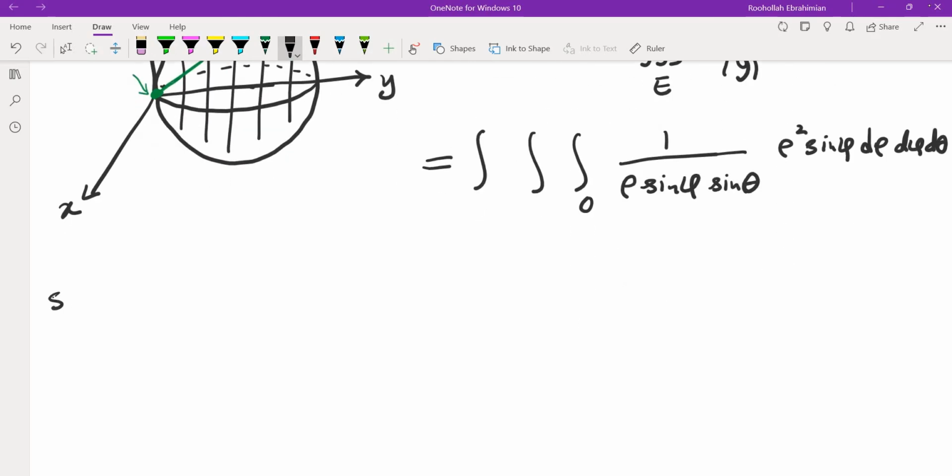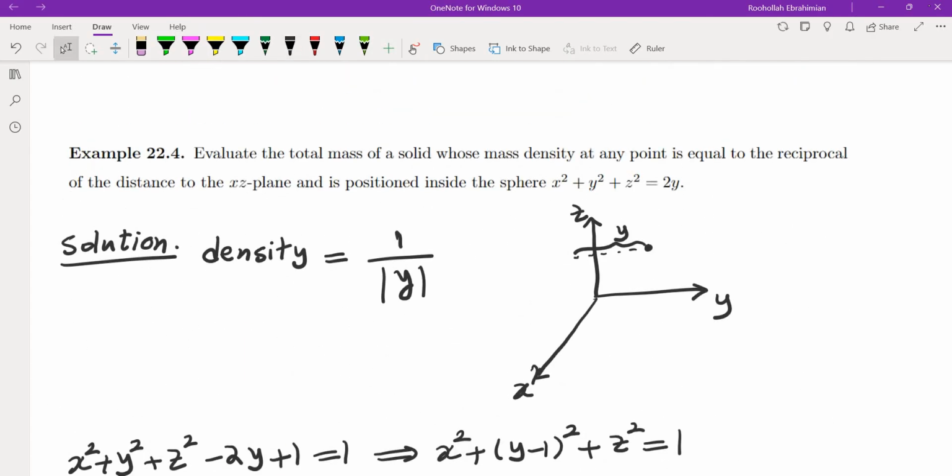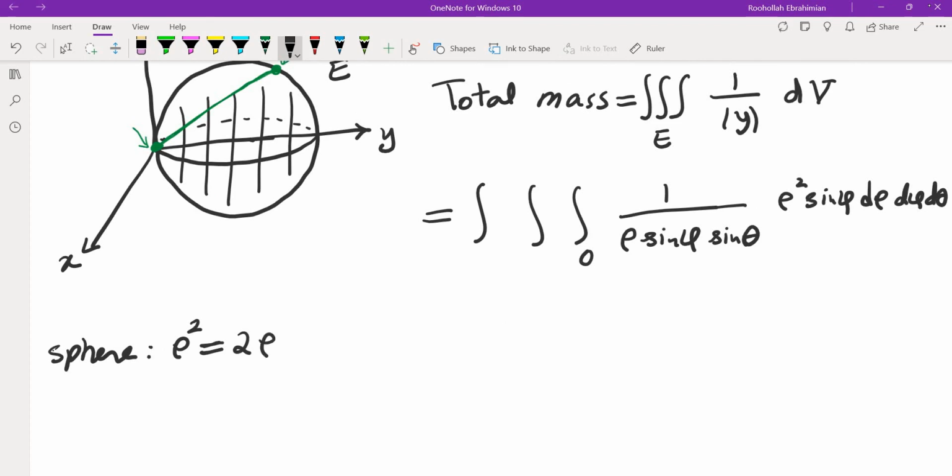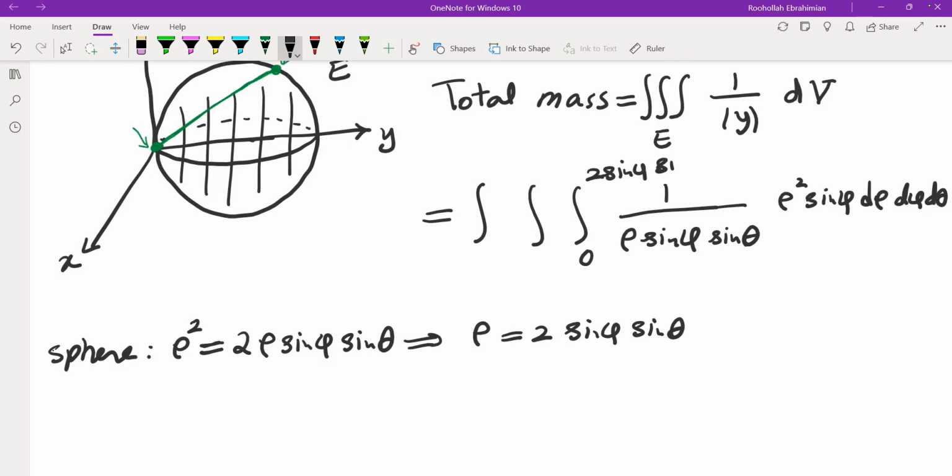So if you look at this sphere, x squared plus y squared plus z squared, which is rho squared, equals 2y. So it's 2 rho sine phi sine theta. So this gives us rho equals 2 sine phi sine theta. So that's the upper limit of integration.